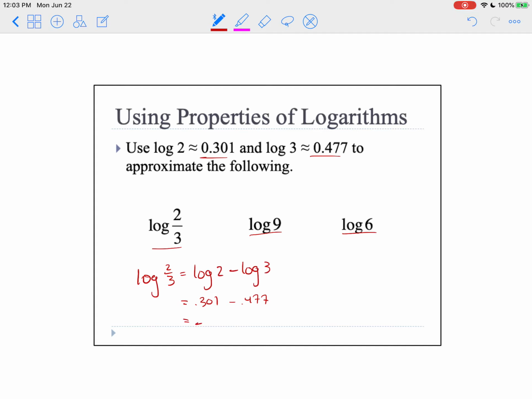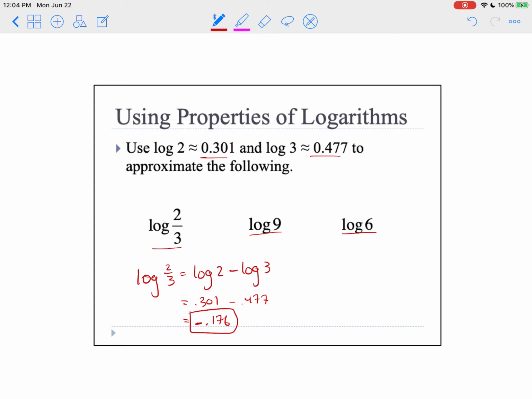And that gives me negative 0.176. So log of 2/3 is approximately equal to this, and I did that just using the properties of logs. Before we had these calculators, you would have to look up the value of a logarithm in a very large book, so this would definitely be a faster way to find the value of a logarithm if you knew a couple of values of log.